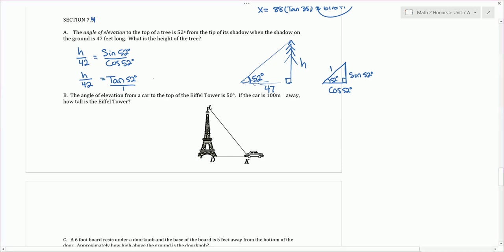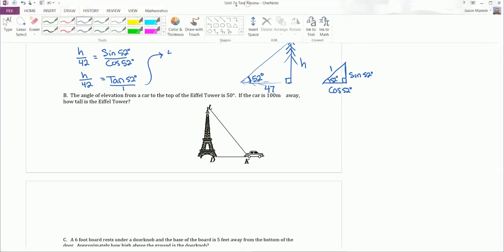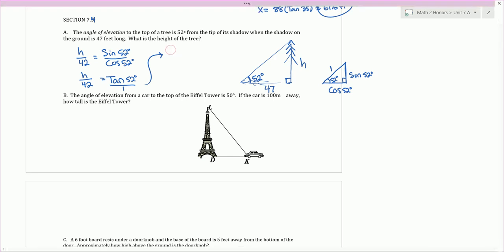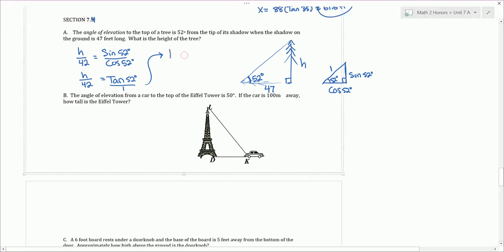If you cross multiply in this proportion, we end up with, well, let's do h times 1 first. H times 1, which is h, is equal to 47 times the tangent of 52 degrees.